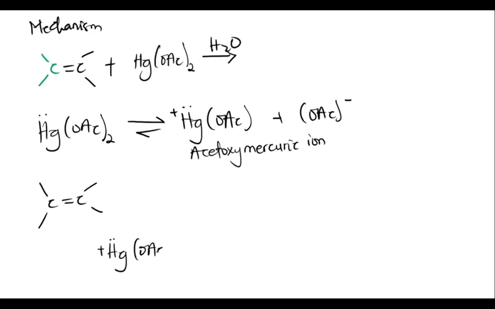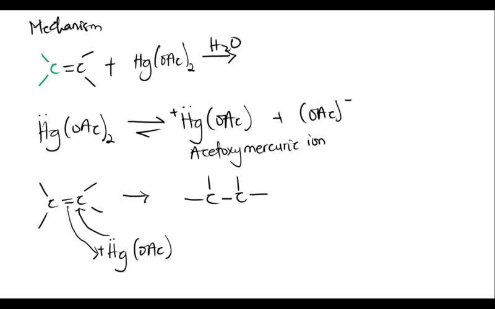Okay, now we know alkenes have electrons that are delocalized in their pi bonds over here. So the double bond will attack the positive center, and then this lone pair will attack this carbon over here. Now we form a ring. So the ring looks like this. So we have our carbon, single bond carbon, and we have this, and this.